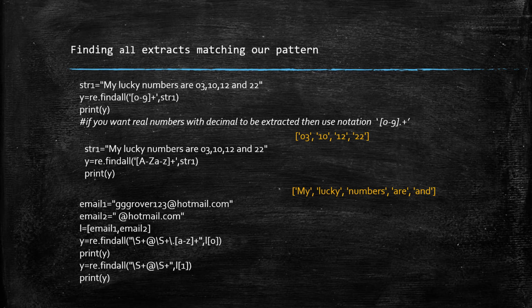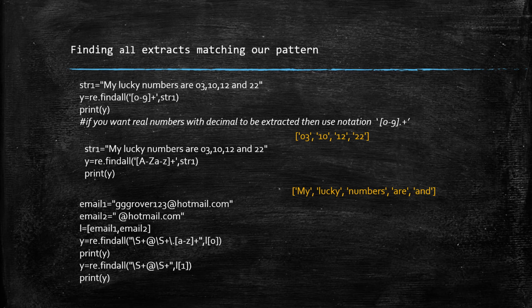Then again after @ symbol, again a non-white space character, but there can be more than one, so it's a plus sign. Then \. Basically \ is an escape sequence. \. in Python would mean that there should be an actual dot here, right? Because we don't want to use dot as a meta character here. We want to use dot as dot only here.